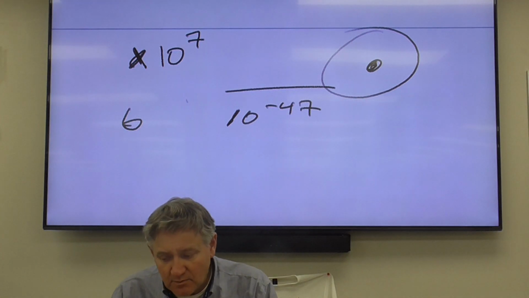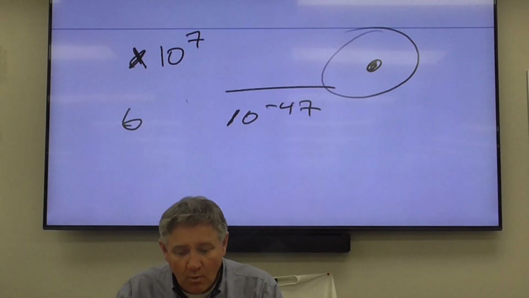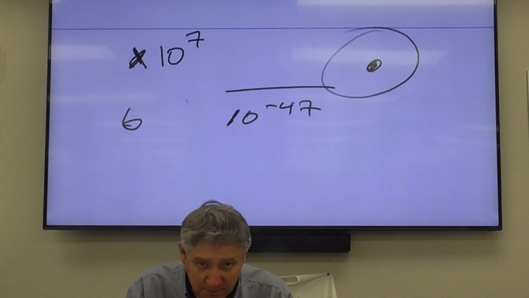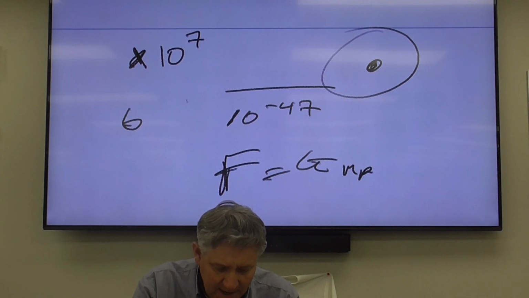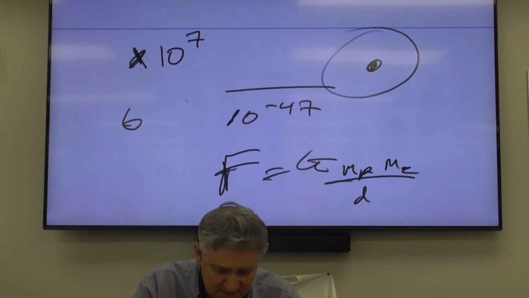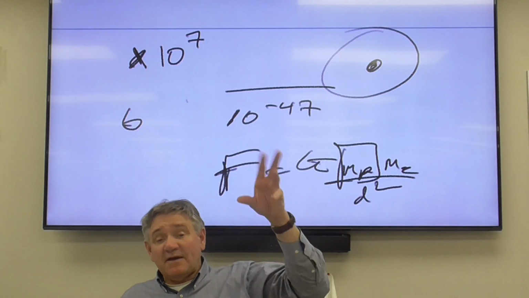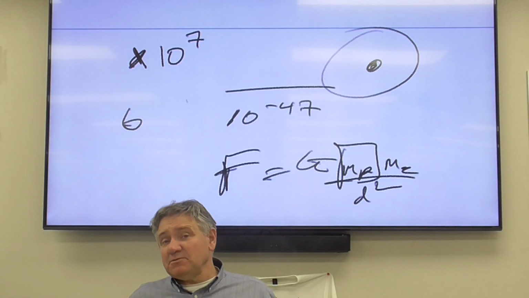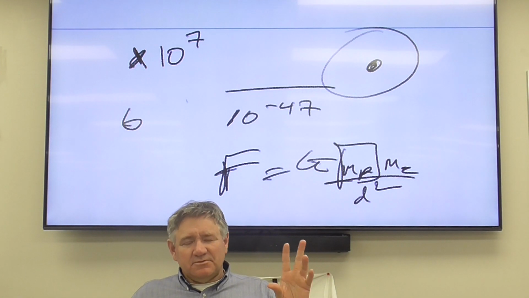The last thing I want you to do on C is say, okay, what would have to be the mass of the proton so that if you look at big G, mass of the proton, mass of the electron over distance squared, you're going to say, okay, what would have to happen? How much mass would a proton have to have if a proton had mass? Actually, it does. It's just really small.